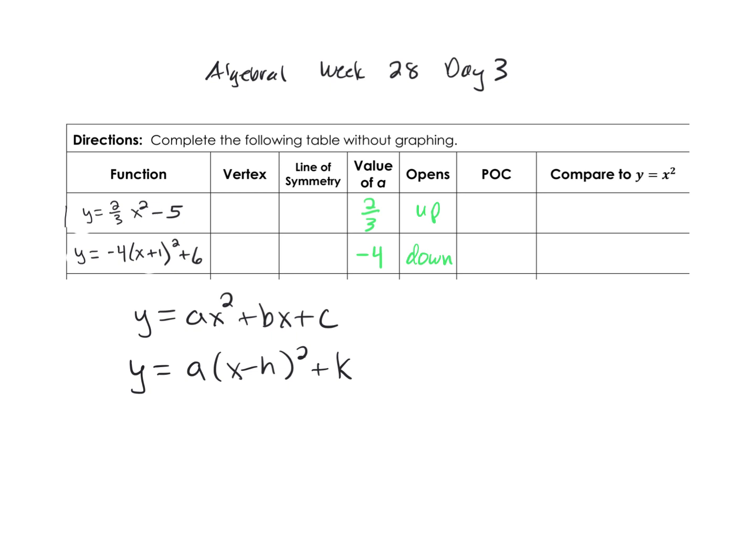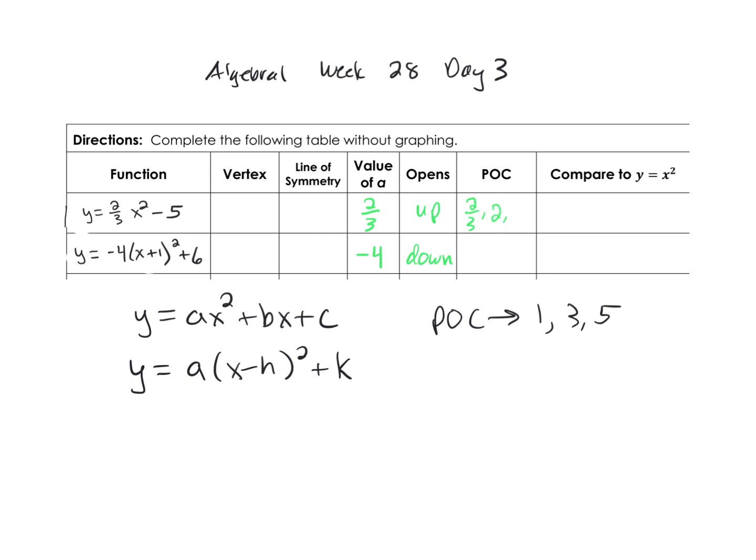The pattern of change is when I take the normal 1, 3, 5 and multiply it by the number a, 2/3 or -4. So that's going to give us 1 times 2/3, 3 times 2/3, which would be 6/3, but let's just write that as a 2.